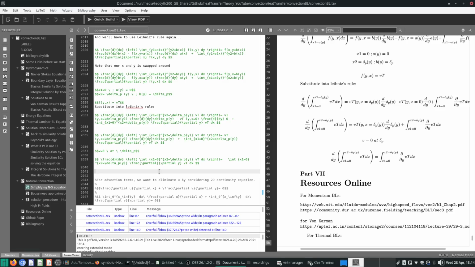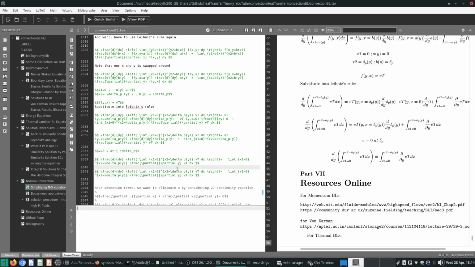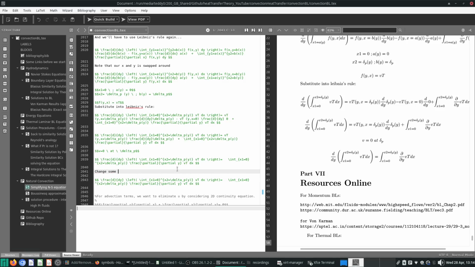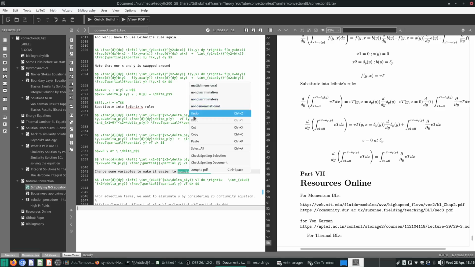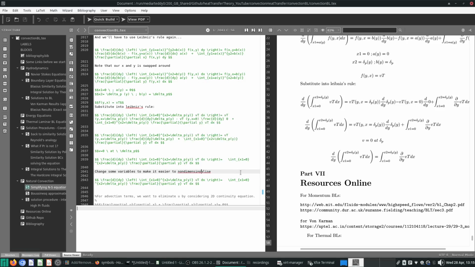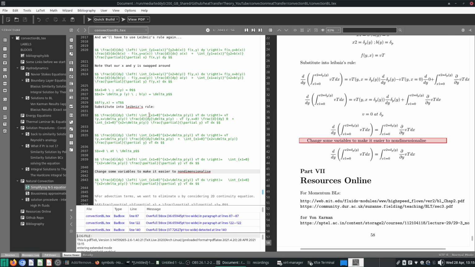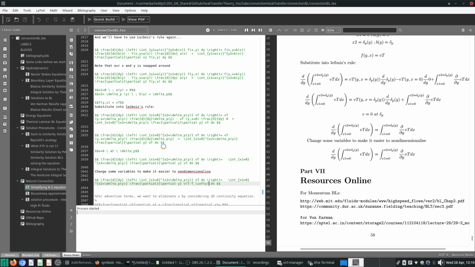And one more thing, I actually want to change some variables to make it easier to non-dimensionalize, to conventionalize. Because we are not actually interested in the absolute temperature, we are interested in the value of the temperature minus the fluid temperature, the relative, and that's just convention.